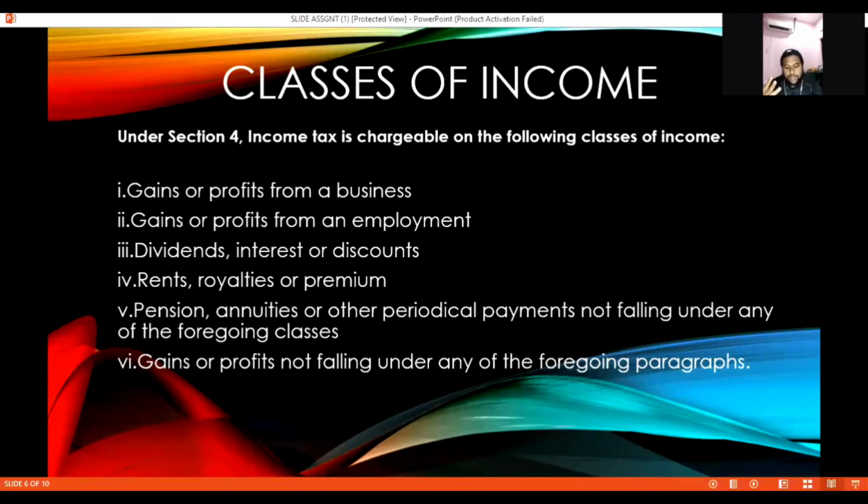Fourth, rents, royalties, and premiums. Fifth, pension, annuities, or other periodical payments not falling under any of the foregoing classes. And last is gain or profit not falling under any of the foregoing paragraphs.